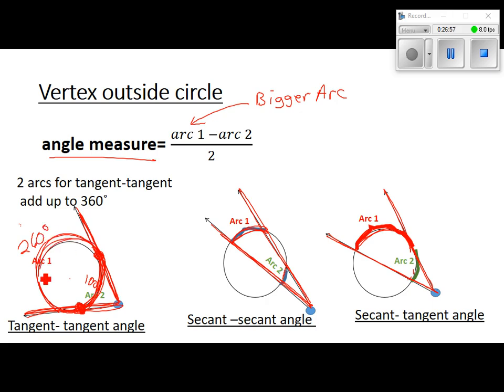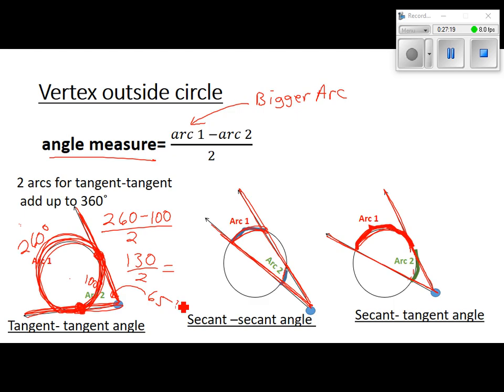And that's how you'll find arc 1 out there. Then we would just do 260 minus 100, divided by 2. That's 130 divided by 2, which tells us that this angle right here would have to be 65 degrees.